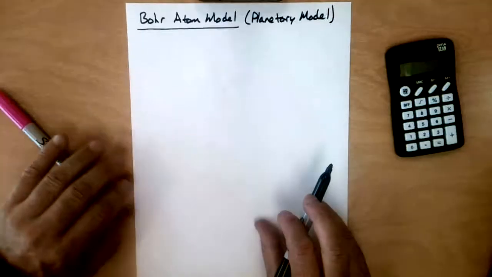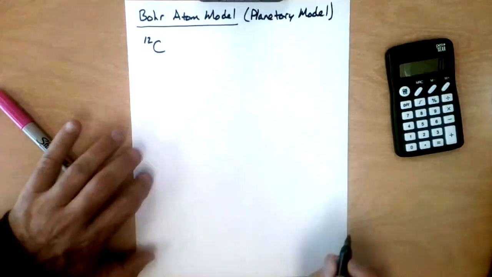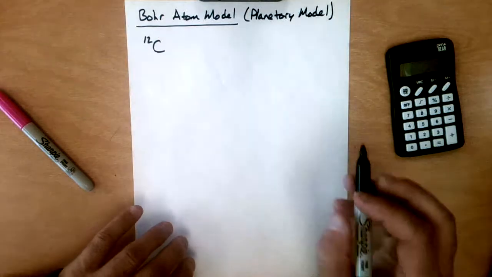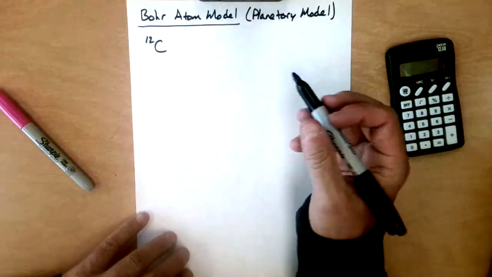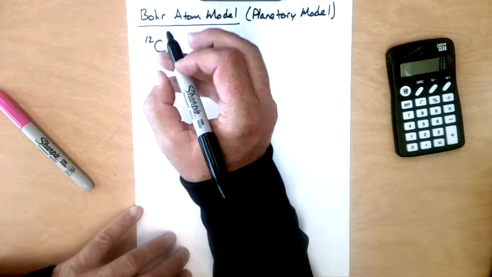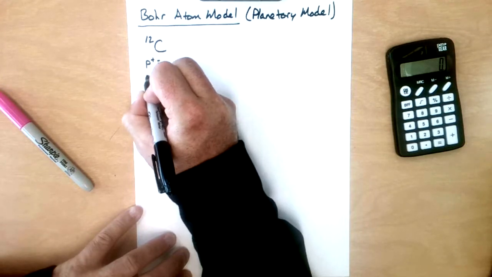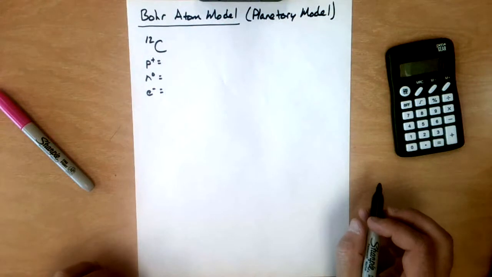And let's start with this example first. Let's say we have carbon 12. And I want to draw the protons, neutrons, and electrons into this carbon atom. So I have to figure out how many protons are there, how many neutrons, and how many electrons.